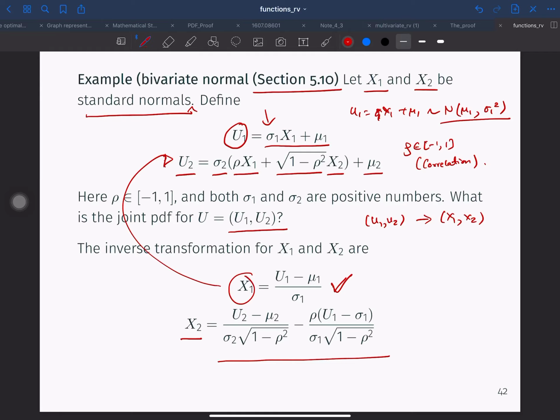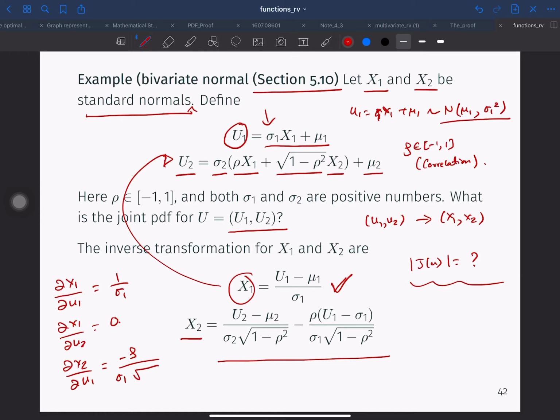So what then is the determinant of the Jacobian? That is easy because we see that partial X1 over partial U1 is simply 1 over sigma 1. And partial X1 over partial U2 is 0 because there's no dependence. Partial X2 with respect to partial U1 is going to be minus rho over sigma 1 square root of 1 minus rho squared.